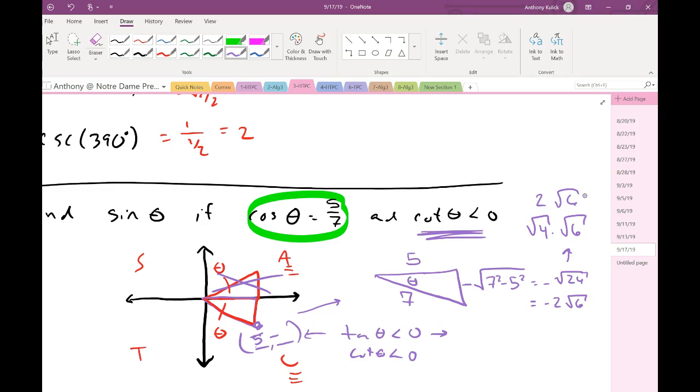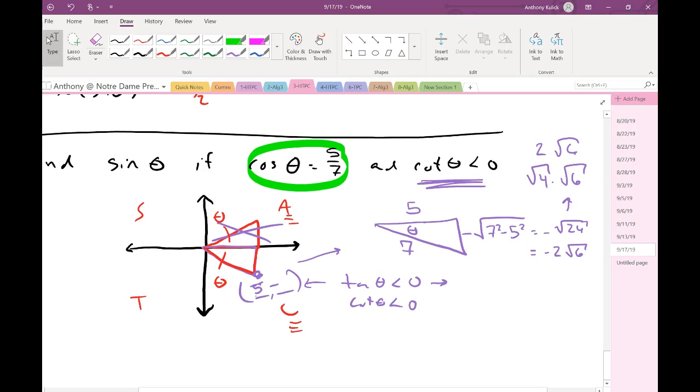Right? 24 is just 4 times 6, and 4 is a perfect square, so I can just take the square root of 4. Okay. So, again, what I was looking for is sine theta, which is going to be opposite over hypotenuse. So it's going to be negative 2 square root 6 over 7.